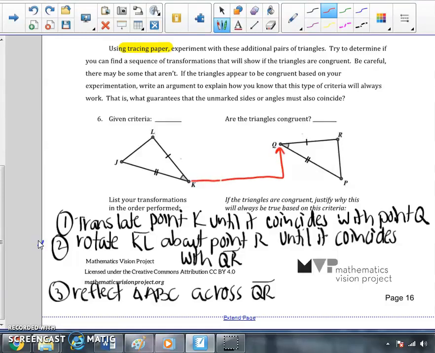We rotated line segment KL about point R until it coincided with line segment QR, and then we reflected triangle ABC across QR. So what we notice is that triangle KLJ coincided, overlapped perfectly with triangle QRP, which means that side, angle, side is enough criteria. Side, angle, side is our second criteria to say that 2 triangles are indeed congruent.